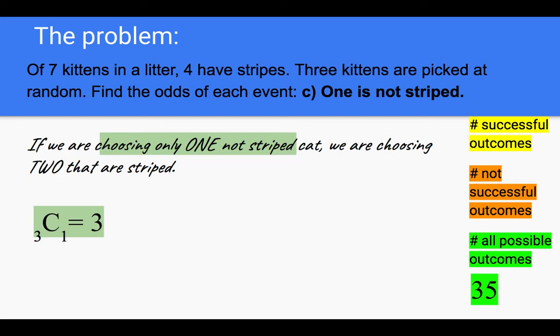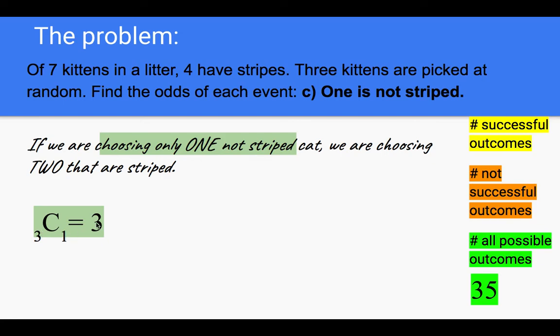And the last scenario, only one that is not striped. Find the odds that one of the kittens is not striped. So again, we're choosing only one not striped cat, and we're choosing two that are striped. The ways to choose one not striped cat are these ones. Remember, we have 3 to choose from.